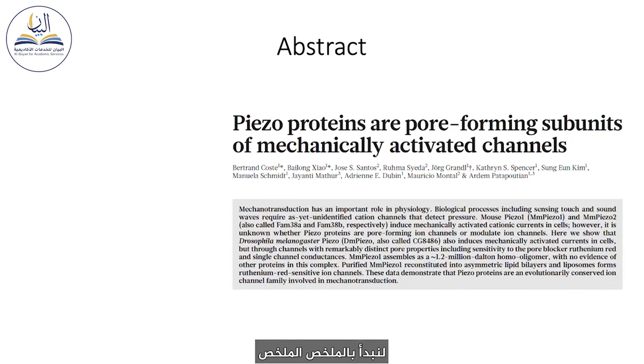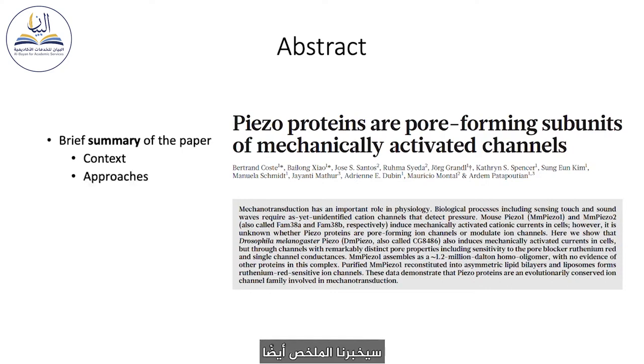Let's start with the abstract. The abstract is a brief summary of the research paper. In this section, the authors will give us the context of the article, telling us what was and wasn't known about the question of interest. The abstract will also be telling us about the main technical approaches used to answer the question of interest of the study, and it will be followed by what were the main findings obtained from utilizing those approaches.